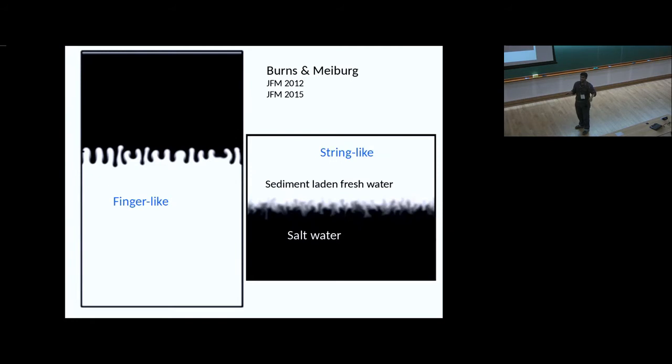The inspiration for this was work done by Eckhart and Peter Burns, which Eckhart talked about a couple of days ago. So river efflux into the ocean, and the river carries silt, the ocean has salt. So even though the silty river water is nominally lighter than the ocean water, the fact that the silt settles will cause an instability. So that and that.